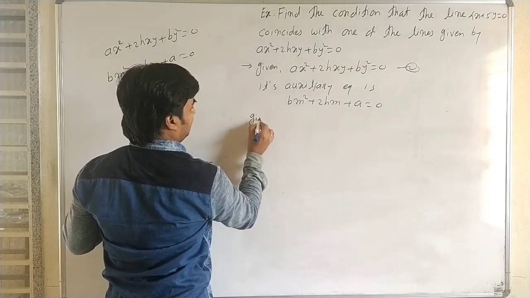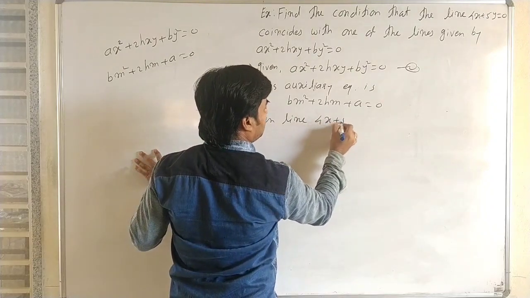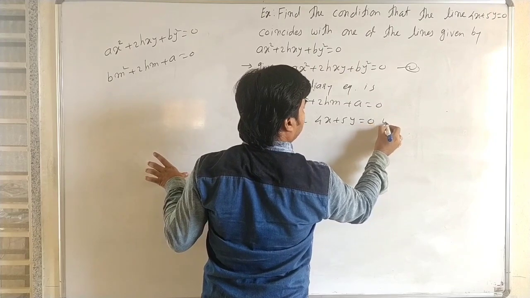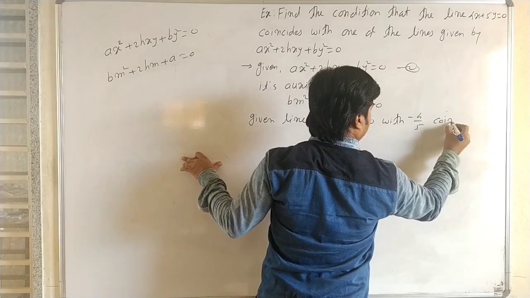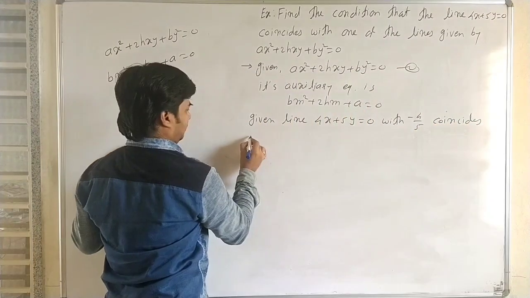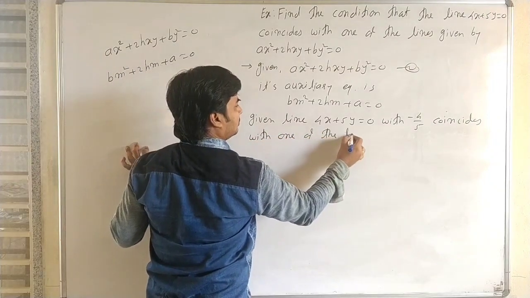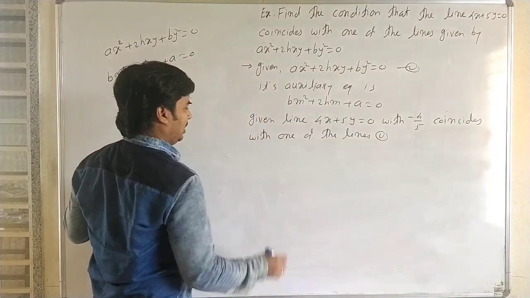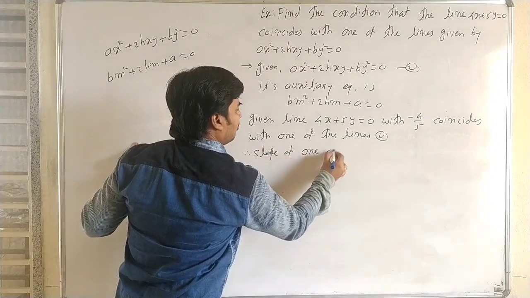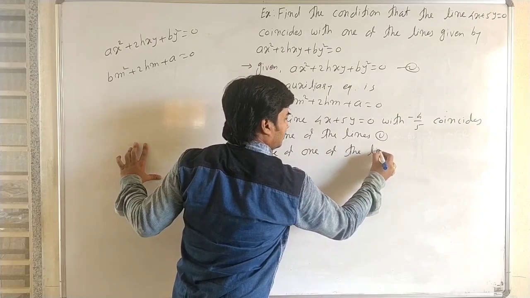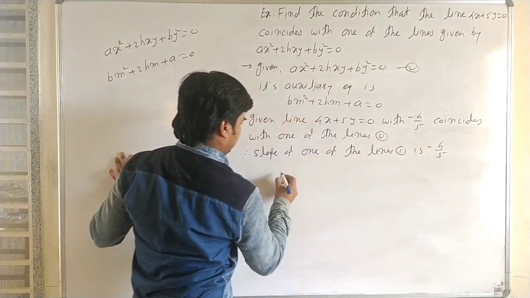Here the given line 4x plus 5y equal to 0, with slope minus 4 by 5, coincides with one of the lines of the pair. Therefore, the slope of one of the lines is minus 4 by 5, that is m.